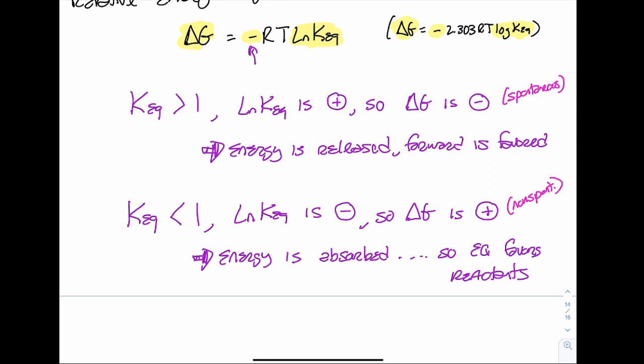They're always going to be opposite. So if A going to B is spontaneous, B going to A is non-spontaneous. If A going to B is non-spontaneous, then B going back to A is spontaneous. So if delta G is positive in the forward direction, it's going to be negative in the reverse. We're going to favor reactants. So I just do want to do a couple more example energy diagrams.